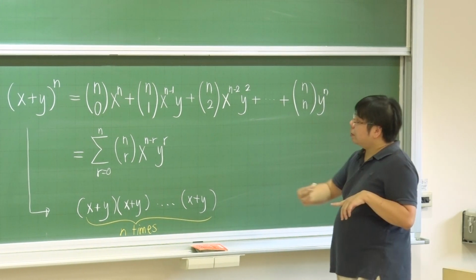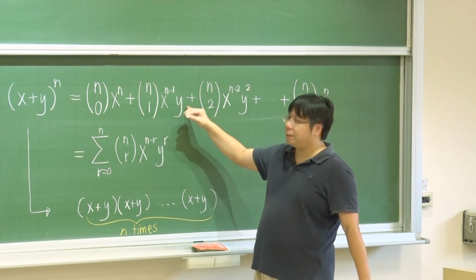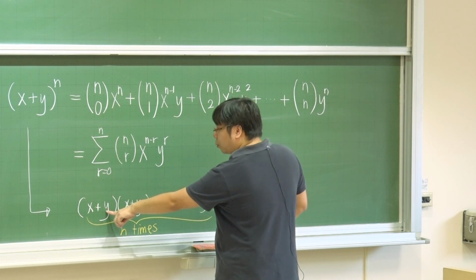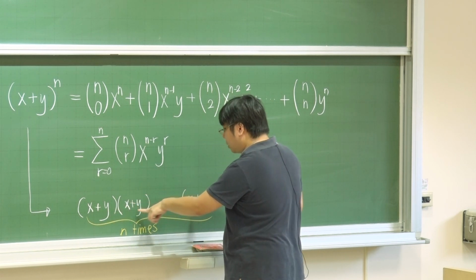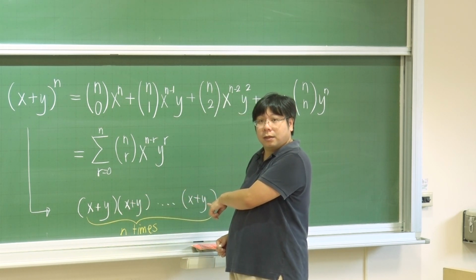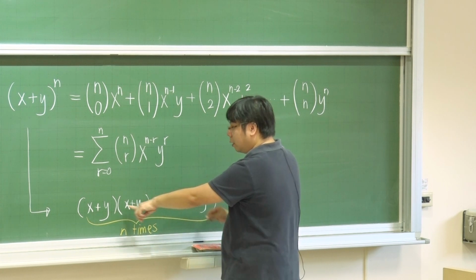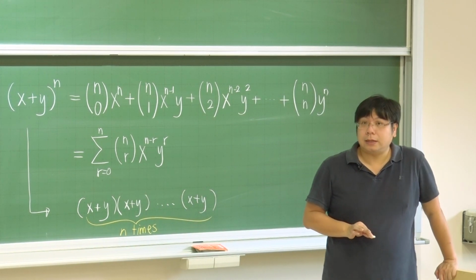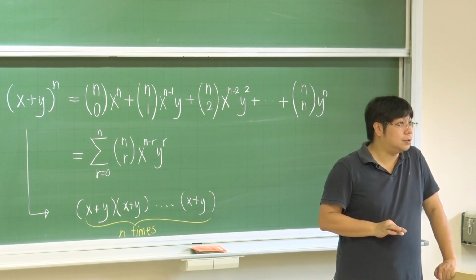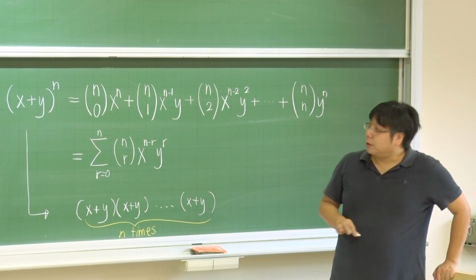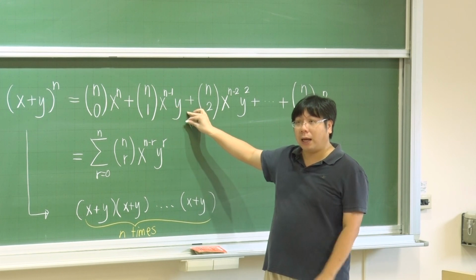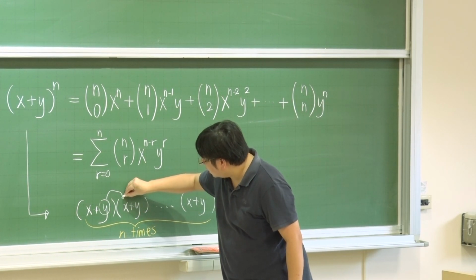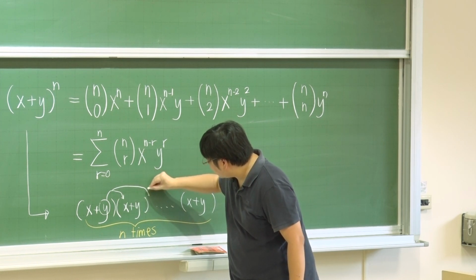Now, how do we get x^(n-1) times y? We may select the y here and all x's in the rest. So one way is I select this y, multiply with this x, multiply with the next x, and so on.